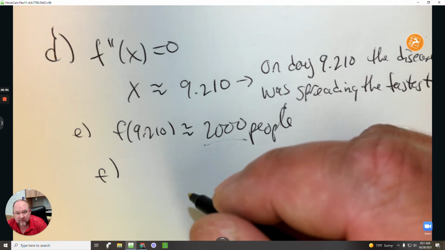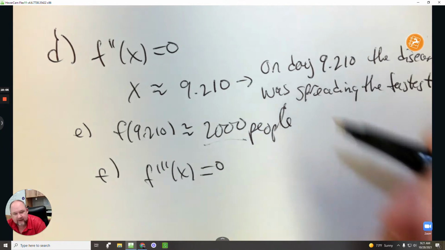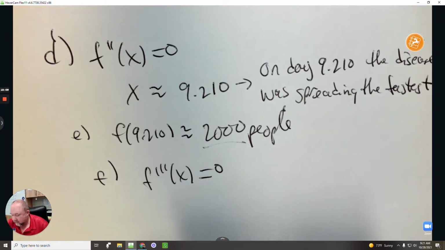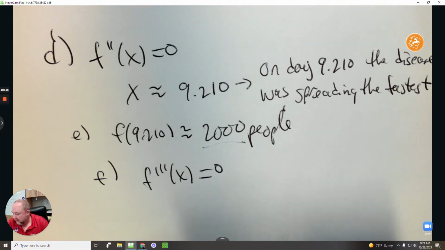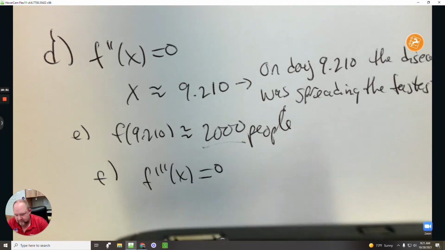That's a rate of a rate of a rate. Ultimately, it's the third derivative equal to 0. First of all, the rate of a rate is a second derivative, and then you want to know a maximum. So then you take the derivative of that, set it equal to 0, and solve it.